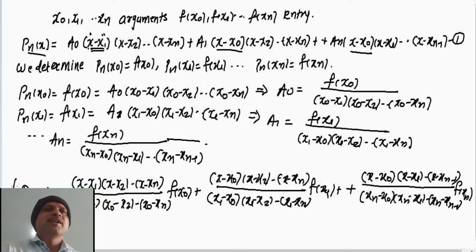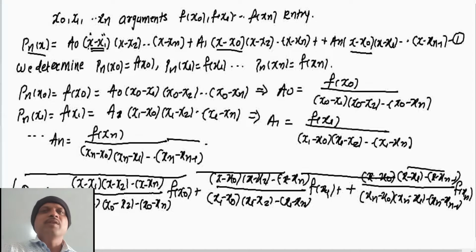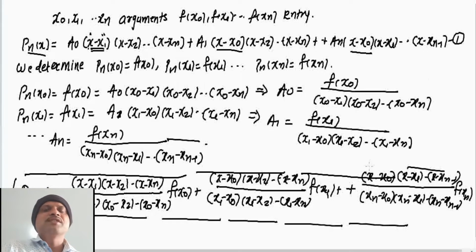So we get this polynomial, and this is called Lagrange's interpolation formula for unequal intervals. In this manner we easily deduce Lagrange's interpolation formula.